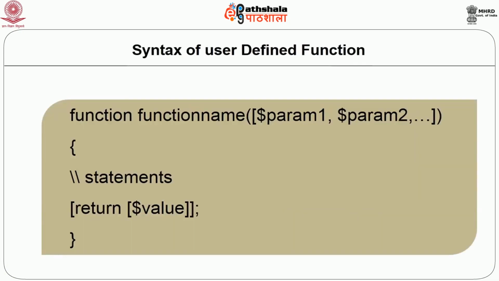The general syntax to define a function is the function keyword, then the function name and the parameter list you have to provide. The list is optional, but the parentheses are compulsory because the parameter list is passed in parentheses.